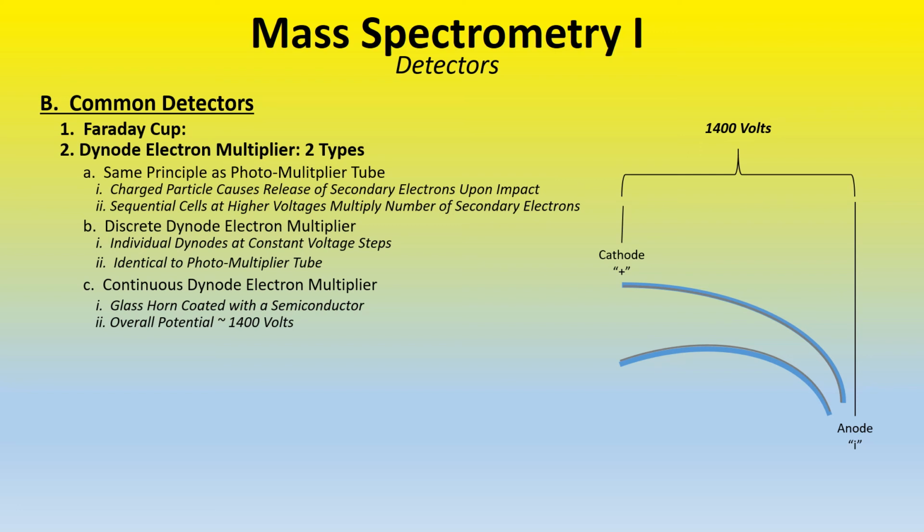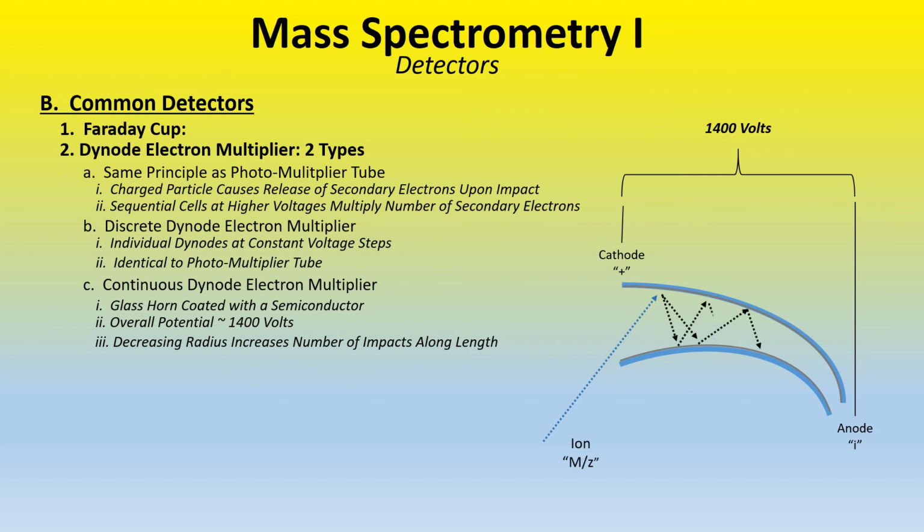As it's a horn and the radius is decreasing as you go along the length, two things happen. The field strength goes up, and the number of impacts and the number of secondary electrons, the electron density, increases. It's no longer linear. As you get closer to the end, you have more impacts and more secondary electrons.